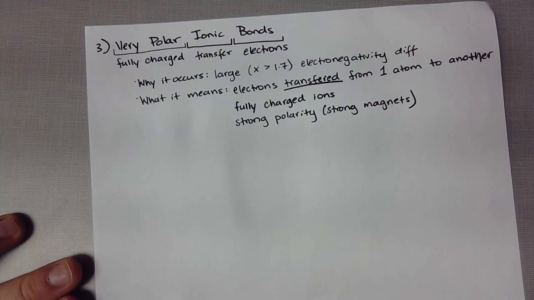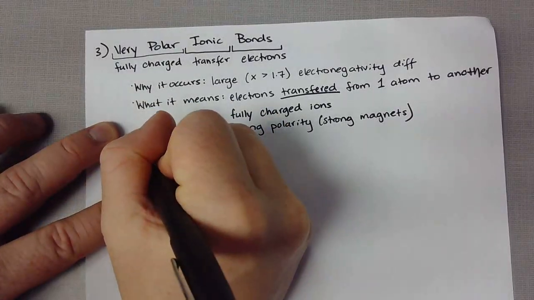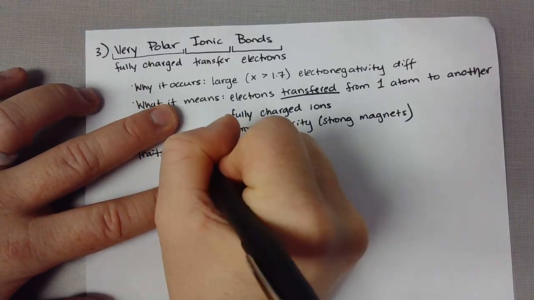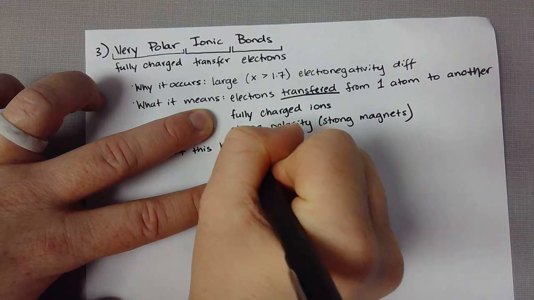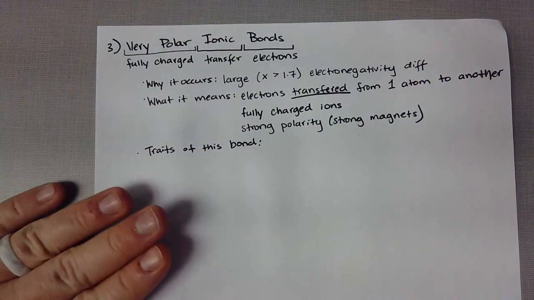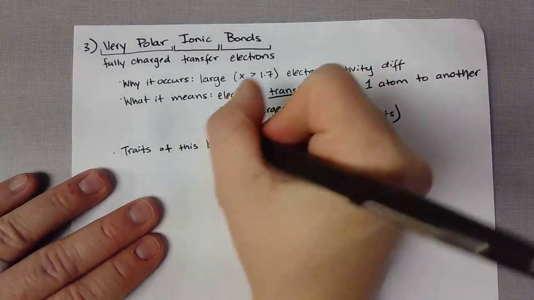This type of bond is going to have very extreme traits. So instead of moderate boiling points and moderate melting points, we're going to see very high melting and boiling points.